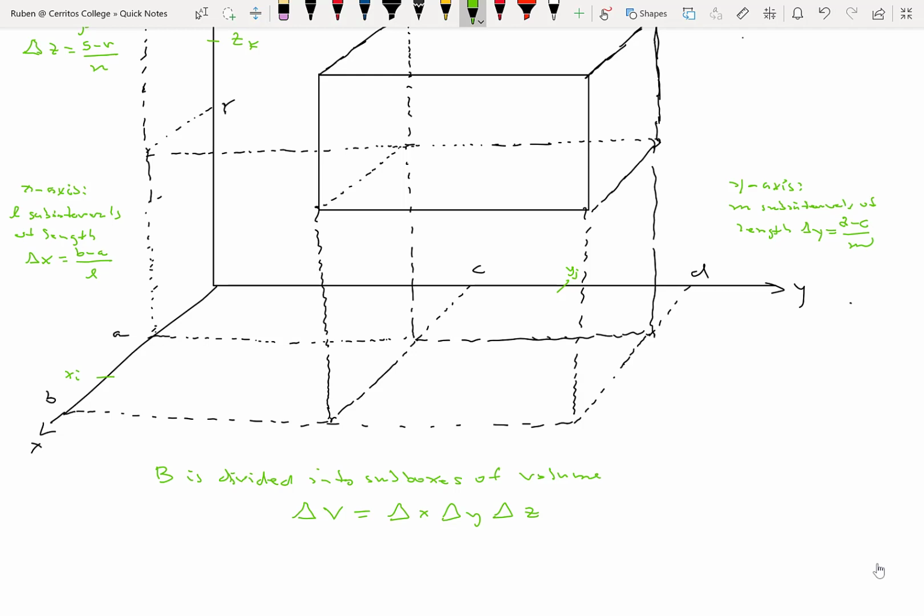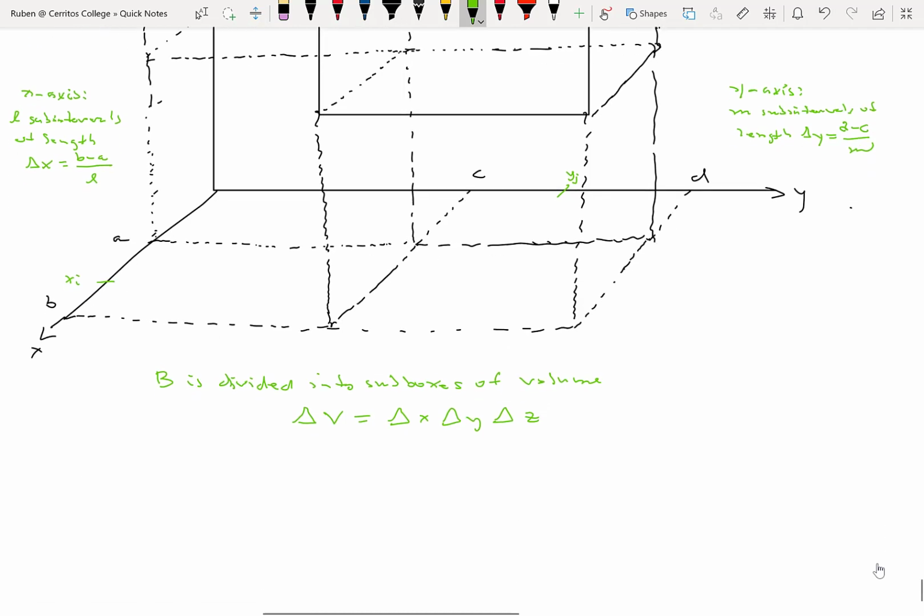So there should be L times M times N little sub-boxes stuffed into the big box B. I want to draw a typical sub box within the big box B, and I'm going to place it so that one corner is at the point x sub i, y sub i, z sub i.